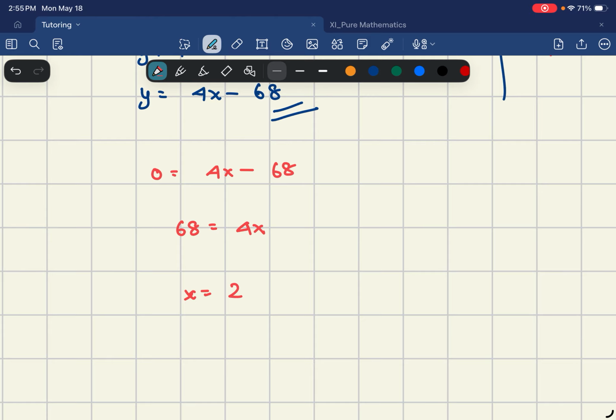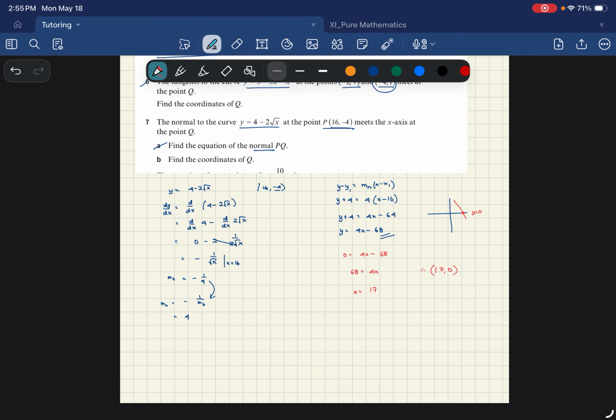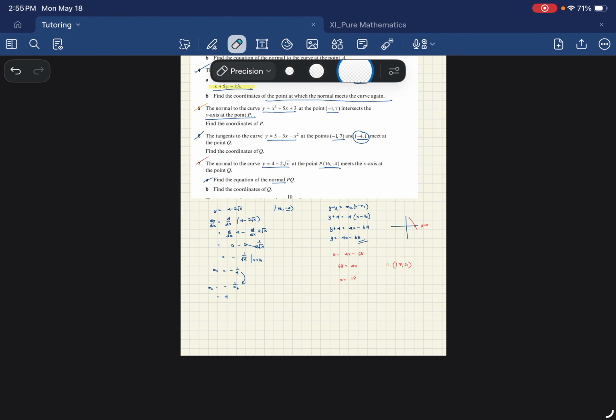That is going to be 27. Therefore, you have 27 comma 0. That is going to be the coordinates. Sorry, 17, not 27. 17 comma 0. 68 divided by 4 is 17. All right. So we're done with 7.